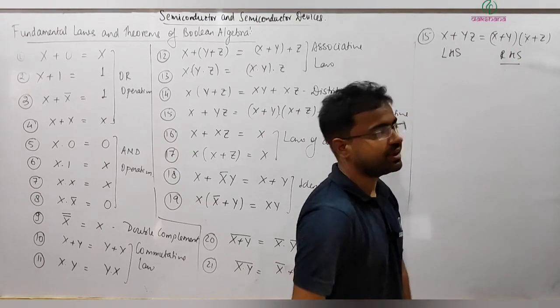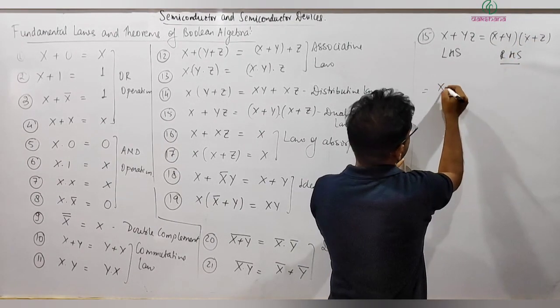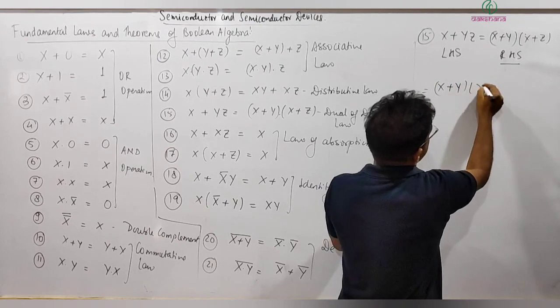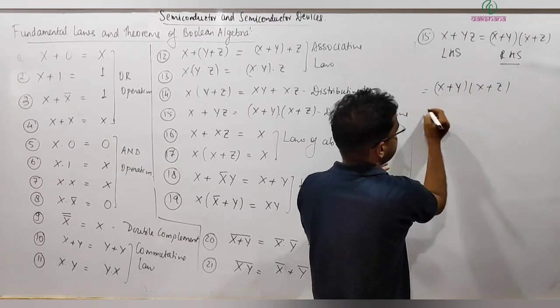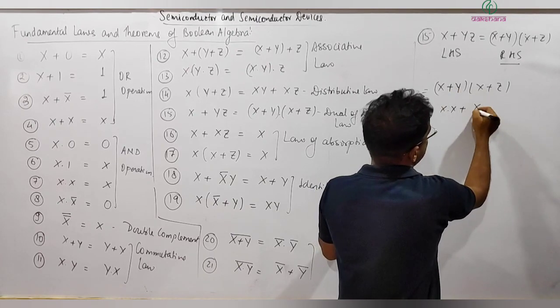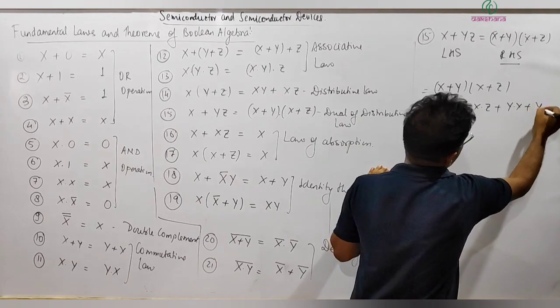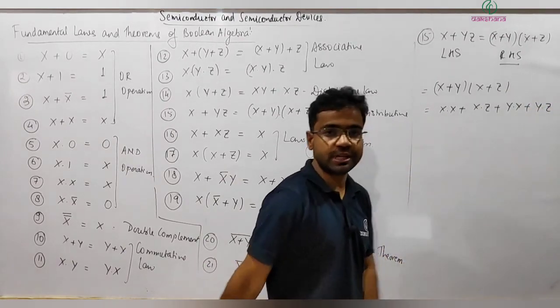Right now it seems different. Let me operate on it: it will be x plus y, and this is x plus z. So what will it be? X into x, x and x, plus x and z, and y and x, plus y and z. This is what we will get.